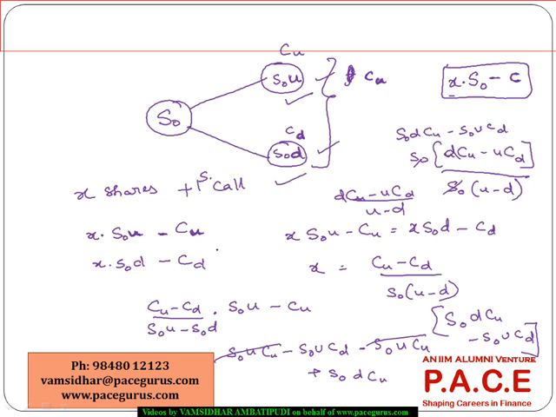Or probably without simplifying it, let me put it in this way. The worth of the portfolio was X times S naught U minus CU, with X being the number of shares. This we equated to X times S naught D minus CD.